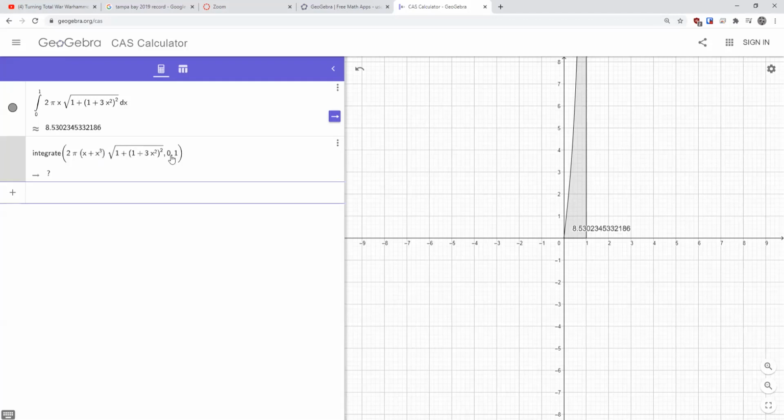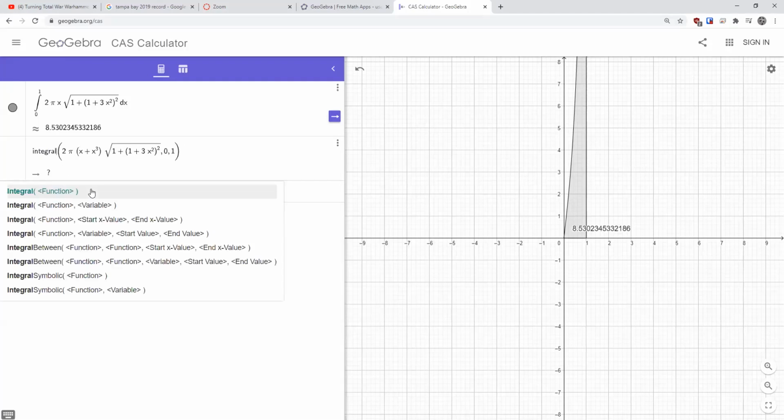Okay, I made a mistake somewhere. Whoa. Oh, I think it was integral. Yeah, integral.